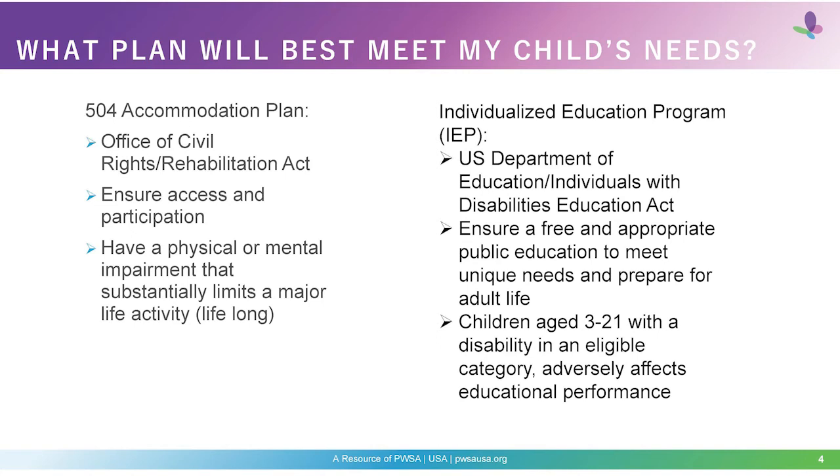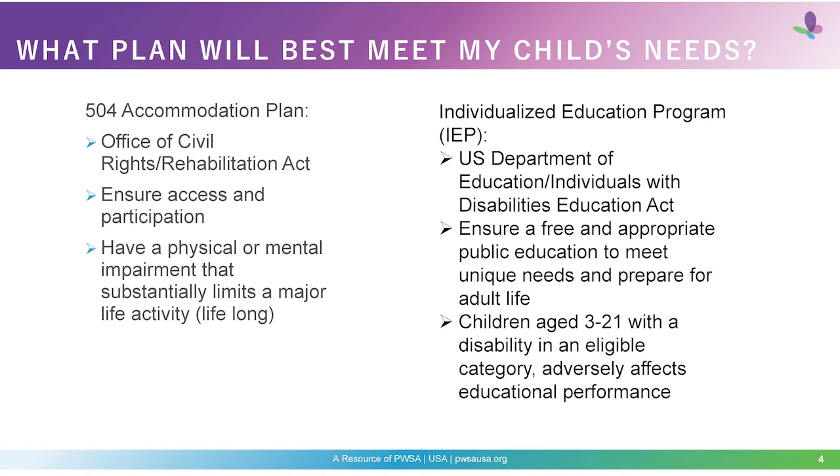So in some states, you can just have an identification as a student with a developmental delay, which can last up to age 9, and you don't have to stress about any of the other identification areas. But in other states, they look more specifically at what might be the primary factor interfering with a child's ability to learn right out of the gate. And so there are different eligibility areas.